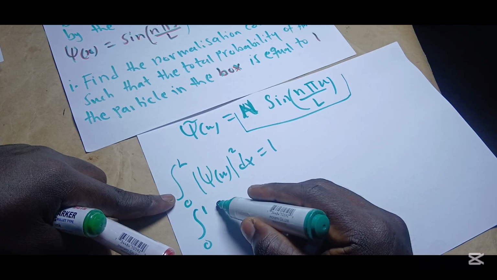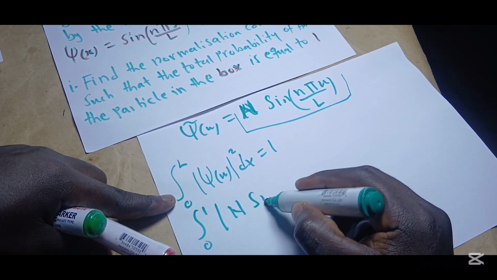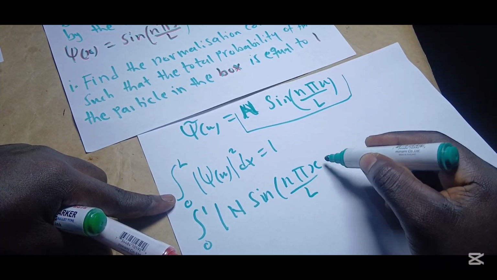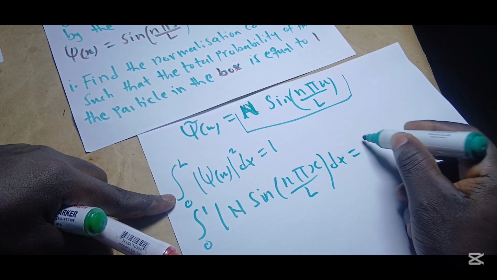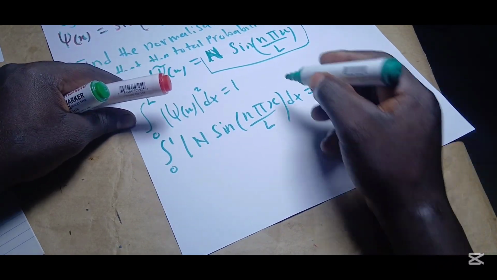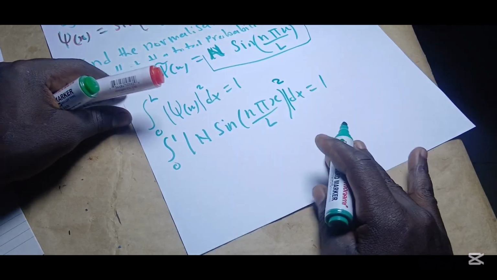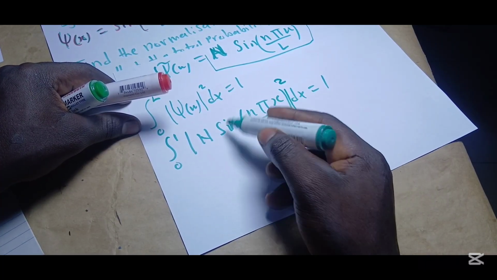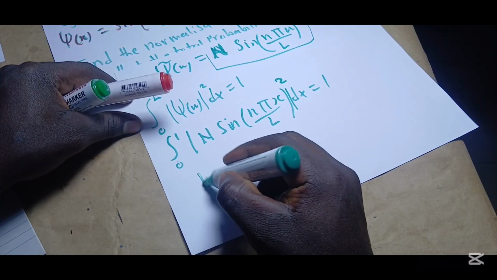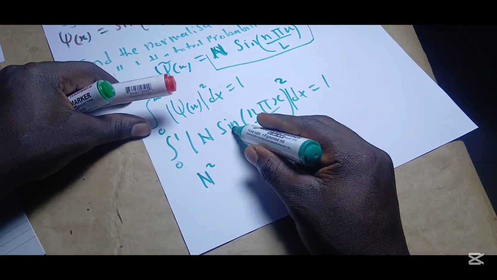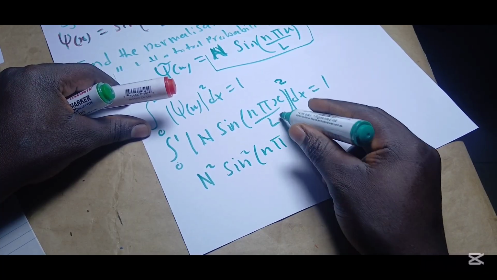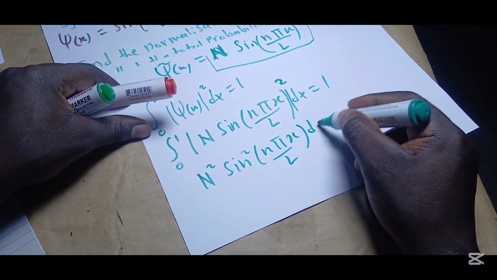So this is going to be n sine n pi x over L, dx, equal to 1, all squared here. So let's expand what is in the bracket. So n to the power 2 gives us n squared, then sine to the power 2 gives us sine squared n pi x over L, dx equal to 1.